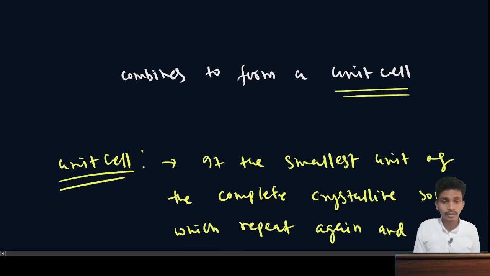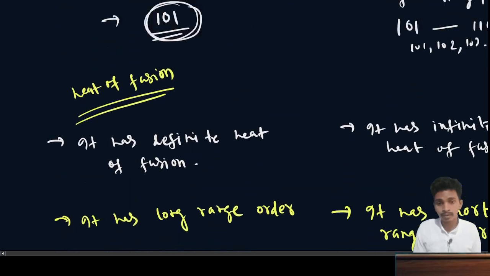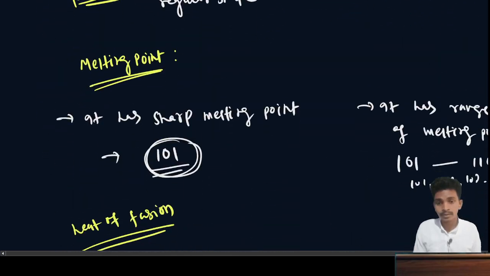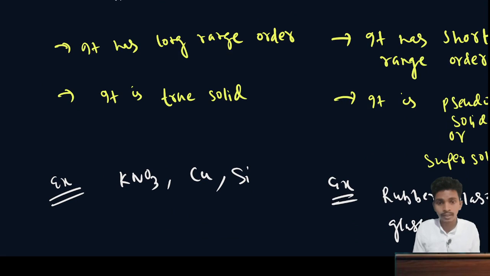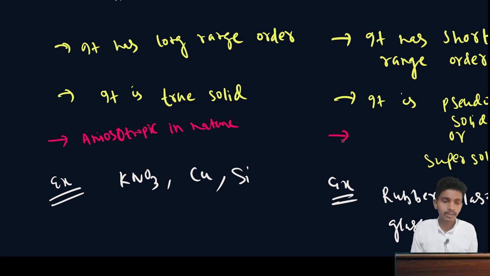Another point I forgot to mention, another way to distinguish is that crystalline solids are anisotropic in nature, and amorphous solids are isotropic in nature. What do you mean by anisotropic?